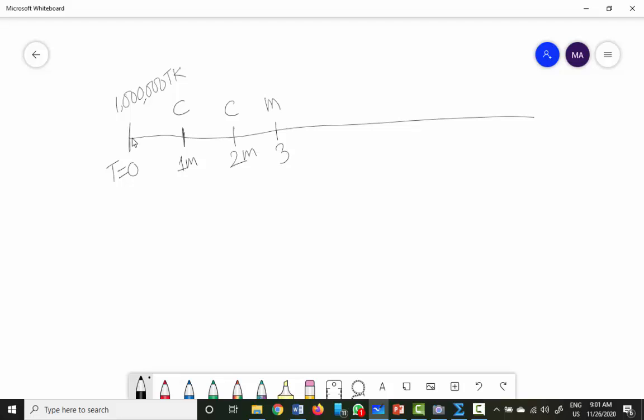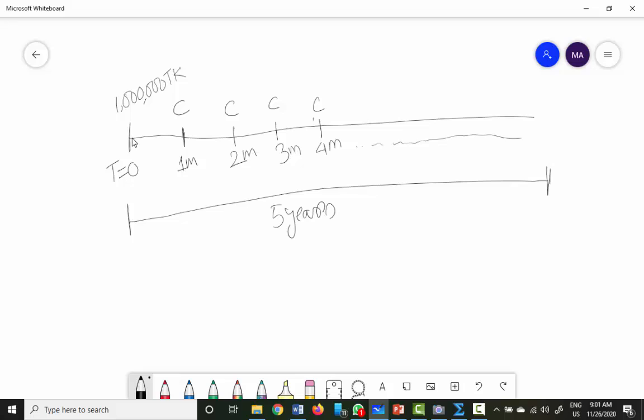After 3 months you also need to pay C, after 4 months also C. Like that, the loan maturity is 5 years.